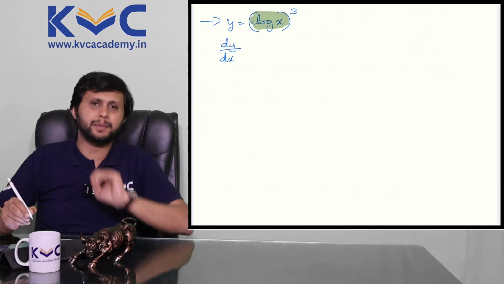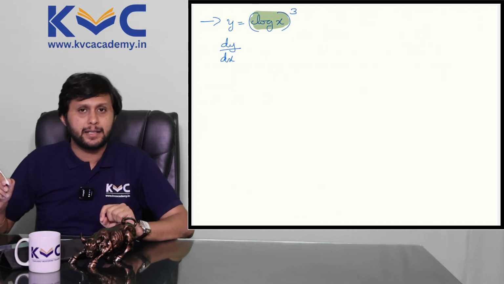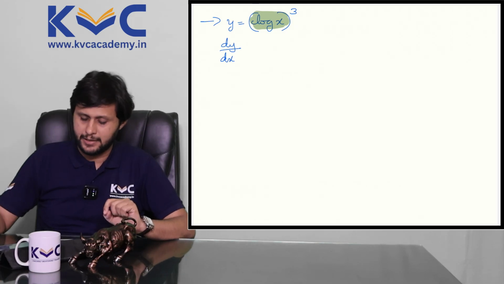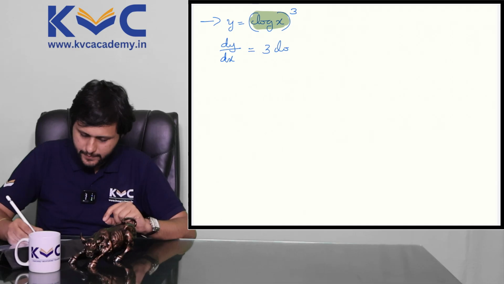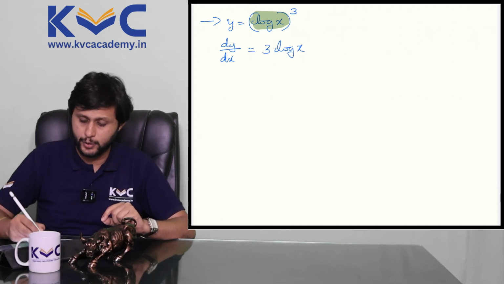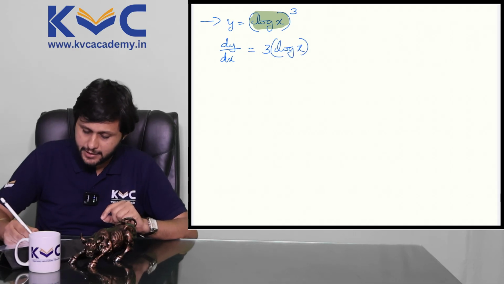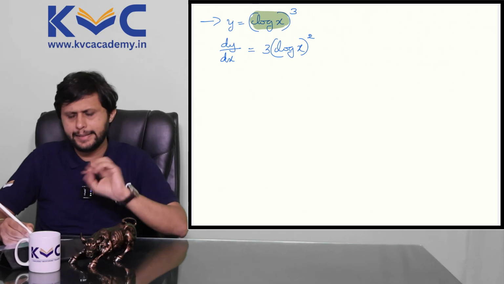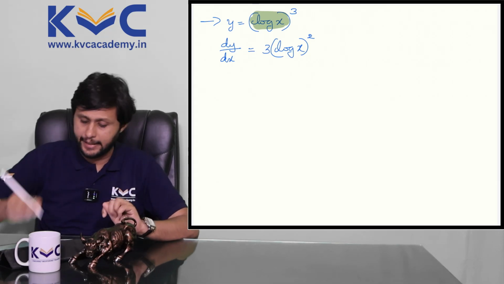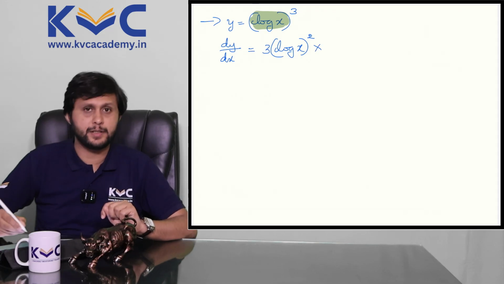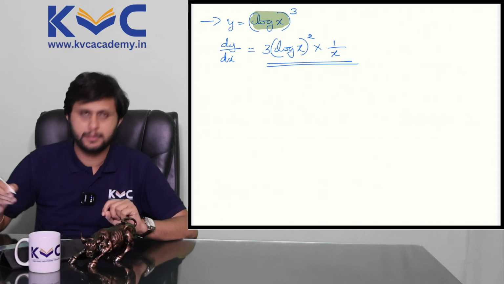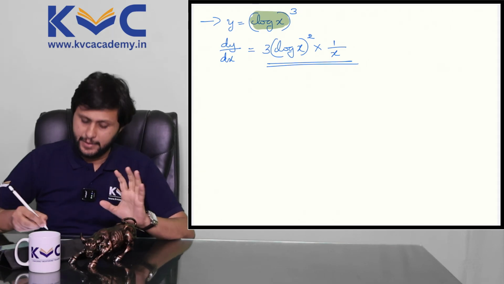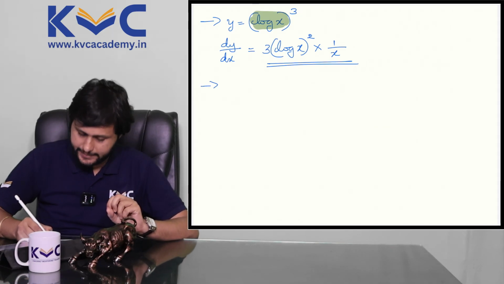Differentiation, if it was x to the power 3, what would we write? n into x to the power n minus 1, that is 3 into, instead of x we have log x, 3 into log x to the power 3 minus 1, 2. Highlighted part, you need to differentiate again into differentiation of log x is 1 by x. Clear? More questions required? Yes.